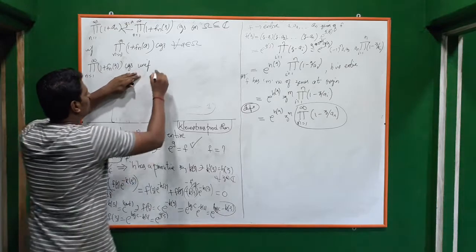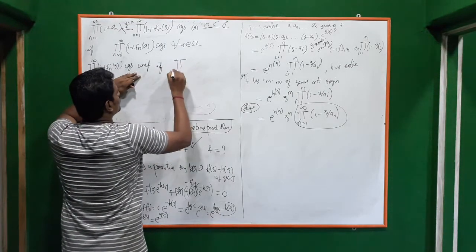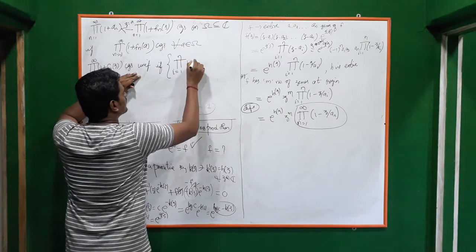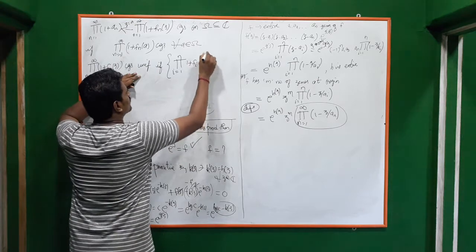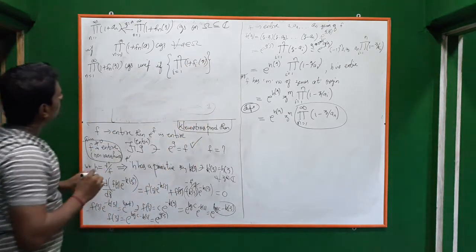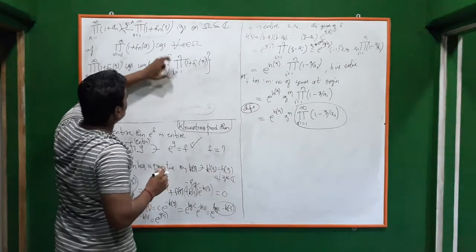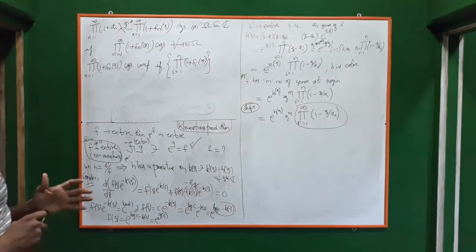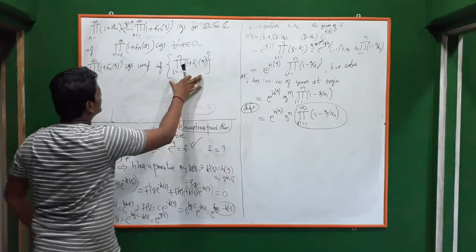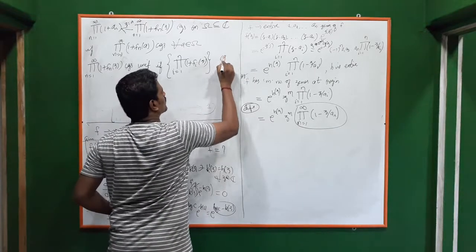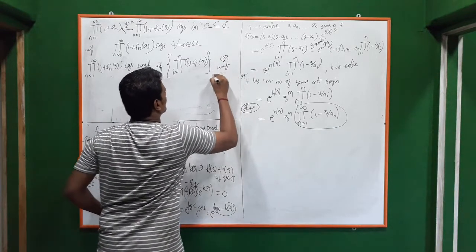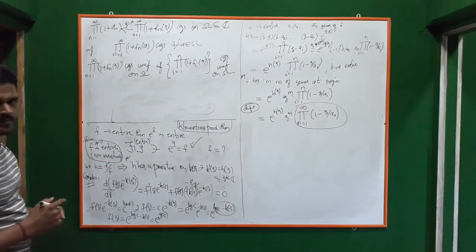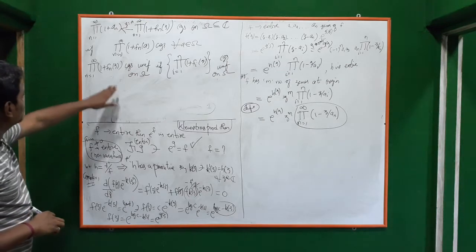So this converges uniformly if the sequence of products i from 1 to n of 1 plus fi of z, you got it, this is the sequence now, the sequence of partial products, converges uniformly on omega, then this will converge uniformly on omega. Okay, that is the definition of uniform convergence of the product.